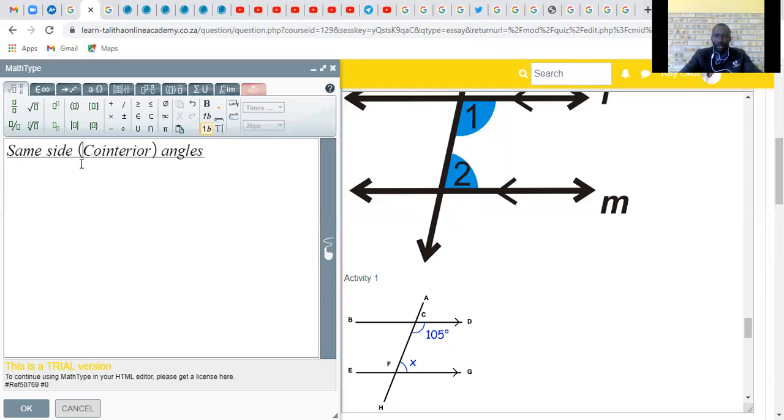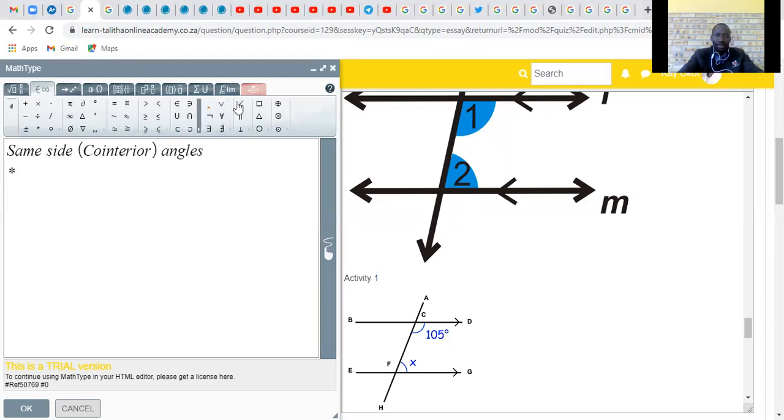We say the angles x degrees and 105 degrees are co-interior angles.